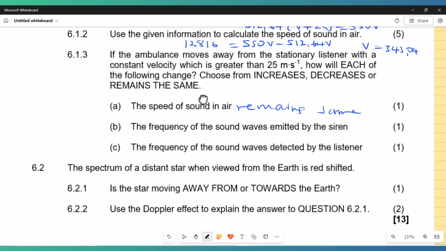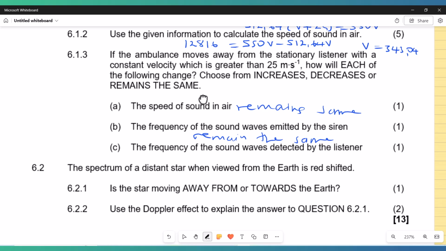What about the frequency of the sound waves emitted by the siren? Also remains the same, because the frequency of the sound source is determined by the person driving, they can make it more or less. Then we have the frequency of the sound waves detected by the listener.